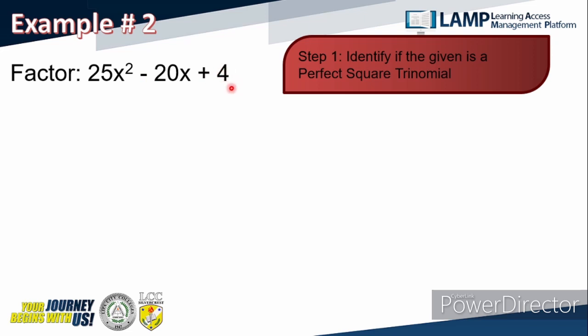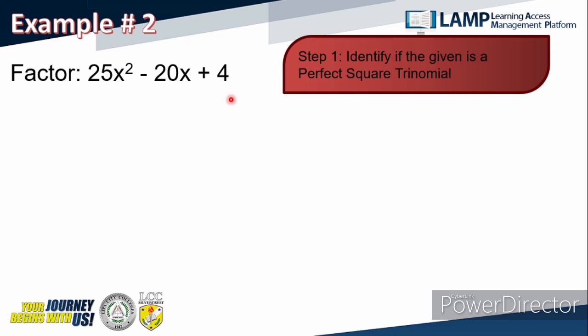Now, the last condition for a perfect square trinomial: our middle term must be twice the product of the square root of the first term and the last term. Again, the middle term or the second term must be twice the product of the square root of the first term and last term. 2 times the square root of 25x squared times the square root of 4.